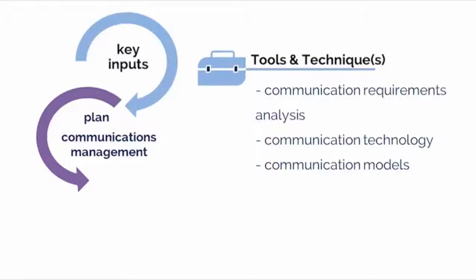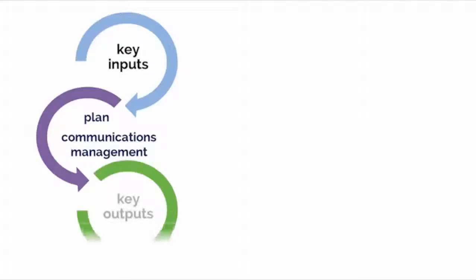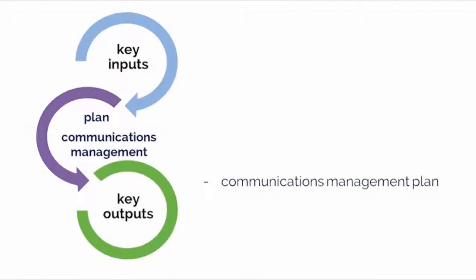2 other necessary tools and techniques are communication methods and meetings. Through meetings with key project team members, we can brainstorm ideas and strategize on the best way to approach communications on the project and end up with an effective communications management plan. The 2 key outputs are the Communications Management Plan and Project Document Updates.